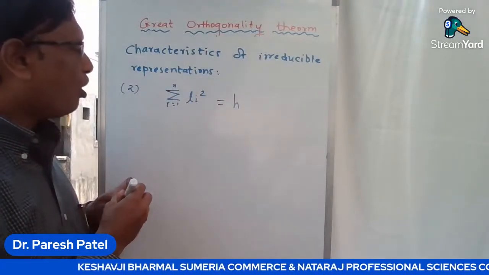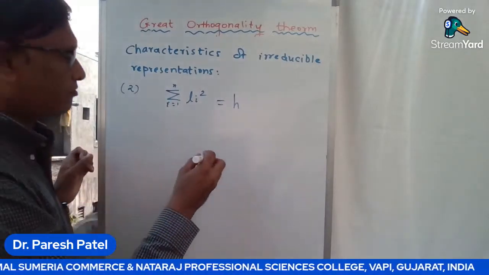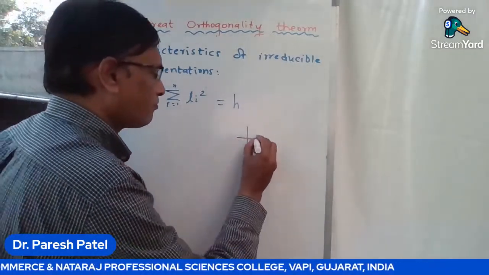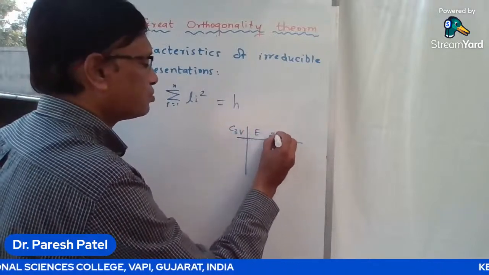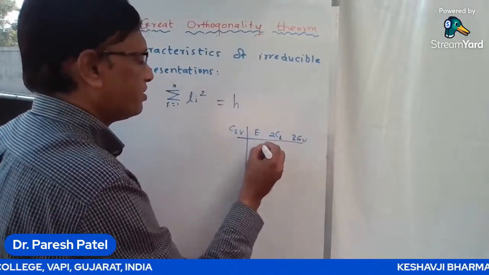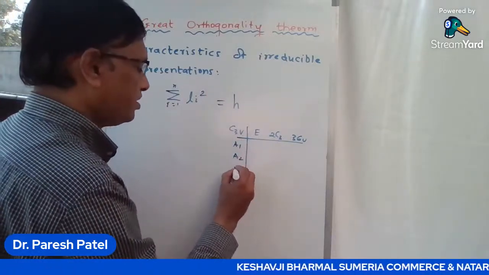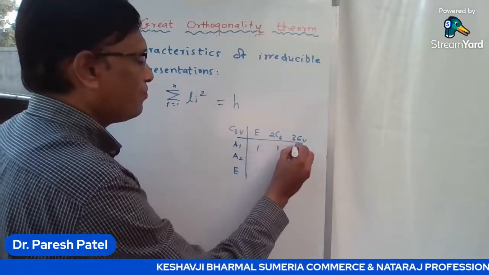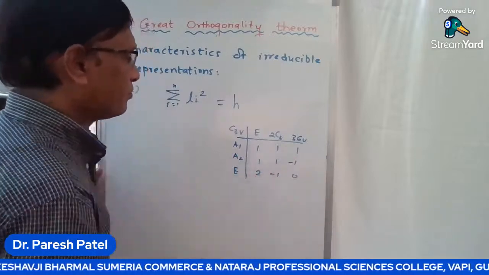Now in the case of the C3v point group, E, 2C3, 3 sigma v, A1, A2 and E: 1, 1, 1; 1, 1, minus 1; 2, minus 1, 0.